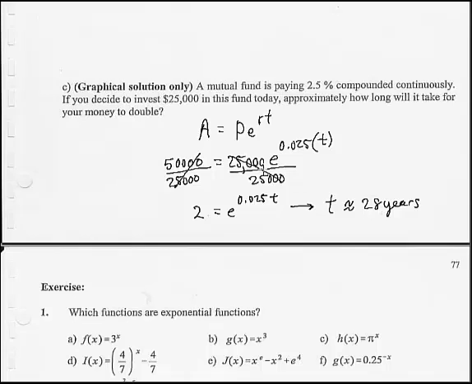You could have graphed this initial P e to the RT if you wanted to, and then you would have looked for the output of 50,000. So let me run back and do that.